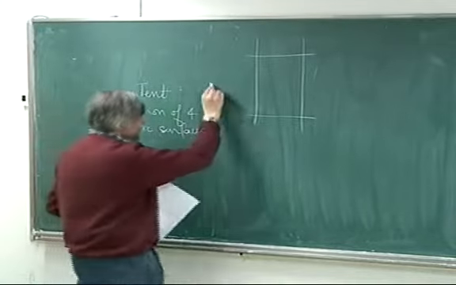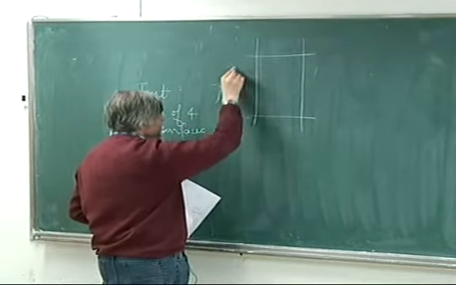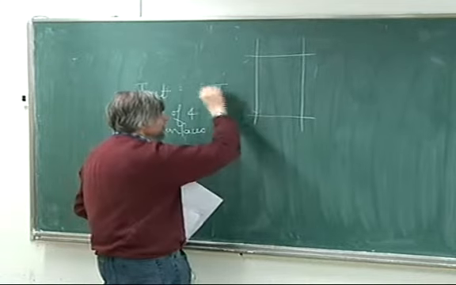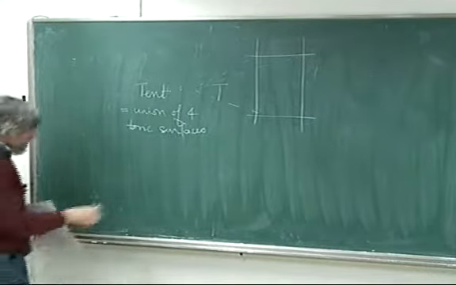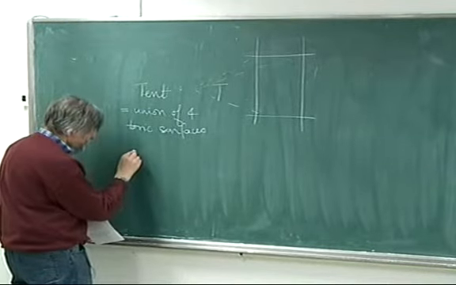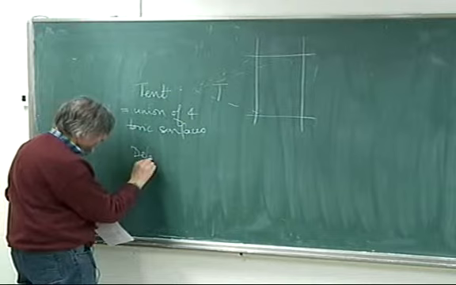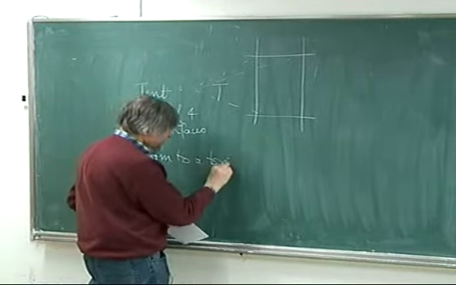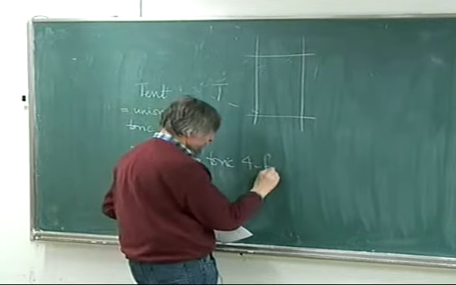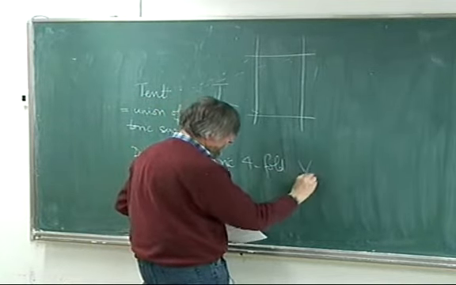So this is T, four surfaces like this. I want to show how to deform it to a toric fourfold, which is going to be called V_AB.